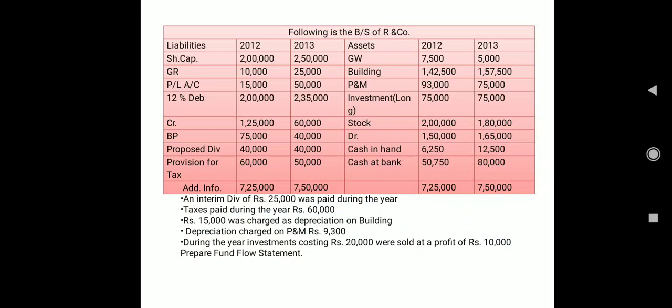Now next item we have is profit and loss account. So opening and closing balance both we will use while calculating fund from operation. Next item we have is 12% debentures. In 2012 the value was 2 lakh and in 2013 the value is 2 lakh 35,000. So again here we can make out that an excess issue has taken place, and when we issue extra debentures, that means fund will come into our pocket.